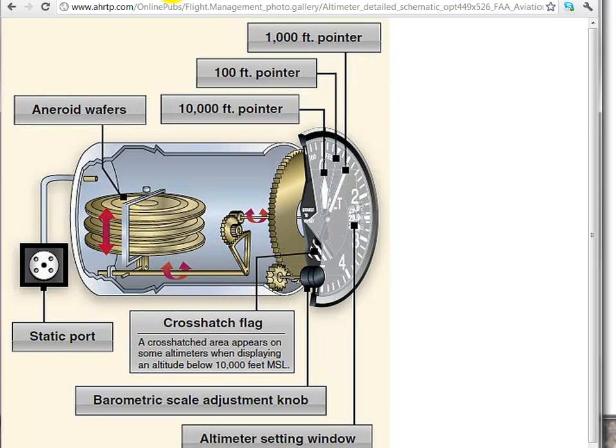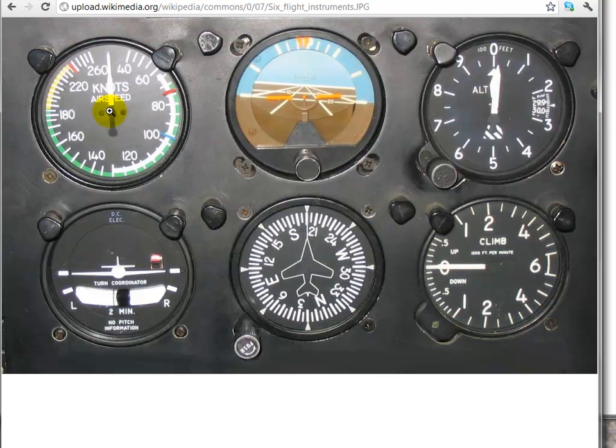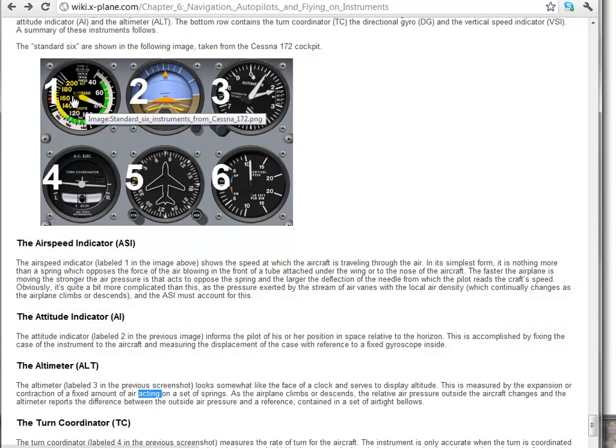Now you'll be doing the same sort of diagram in this sort of form, really, for each of those 6 basic instruments. 1, 2, 3, 4, 5, 6. They're numbered here. So basic principle of how each of them work.